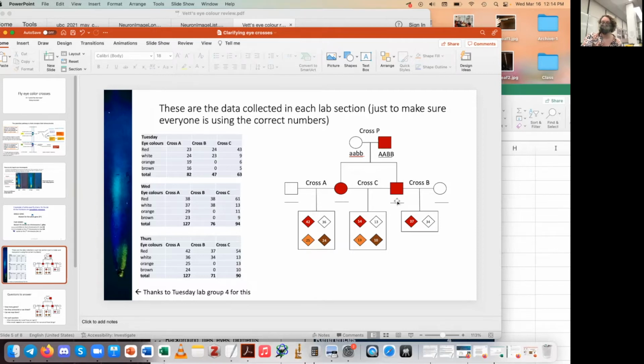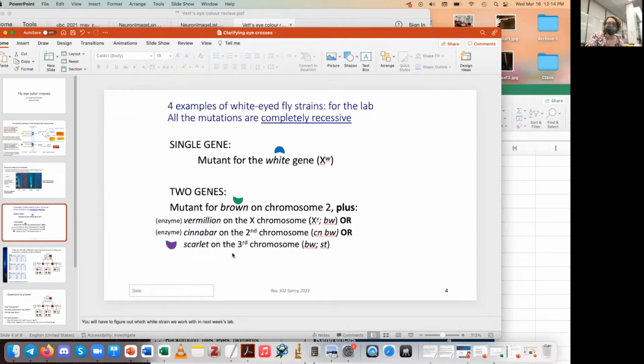So these guys are both going to be heterozygous. And that helps us with ruling out one more of these.